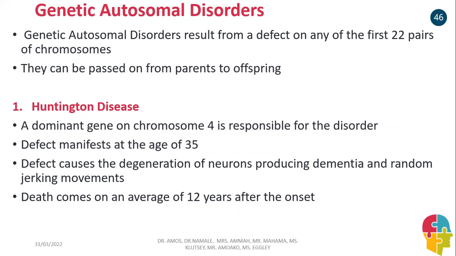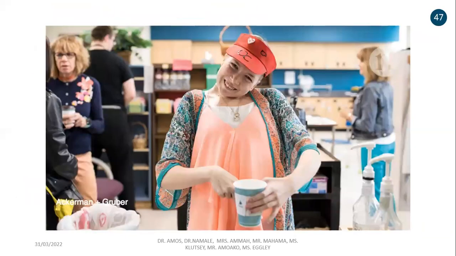Aside from dementia, people with Huntington disease also have random jerky movements. Usually, this condition manifests around the age of 35, and usually people die within the first 12 years after the onset of the condition. So this is someone with Huntington disease.